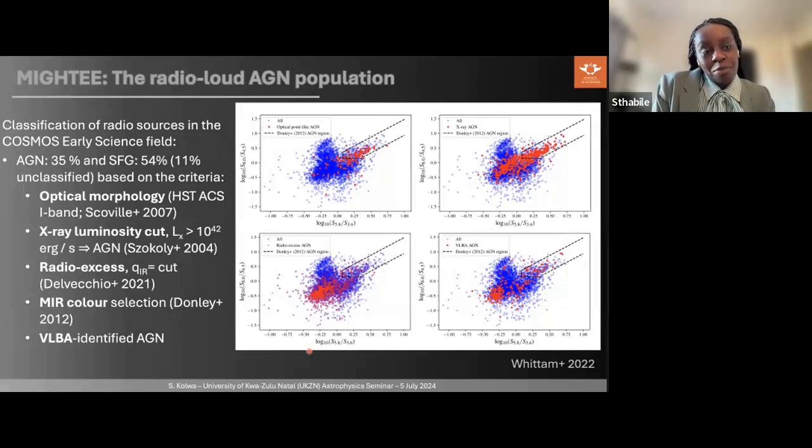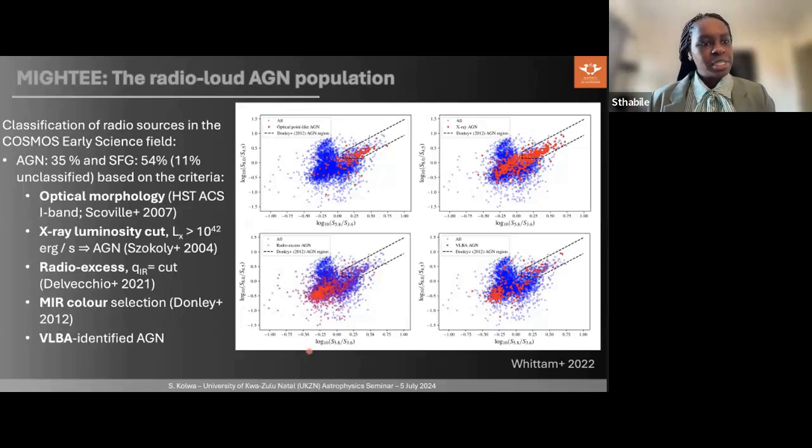You'll notice 54% of them are star-forming galaxies, whereas 35% of them are AGN. So that's expected. And this has been predicted that as we go fainter and fainter in our radio fluxes, we begin to detect a higher proportion of star-forming galaxies.